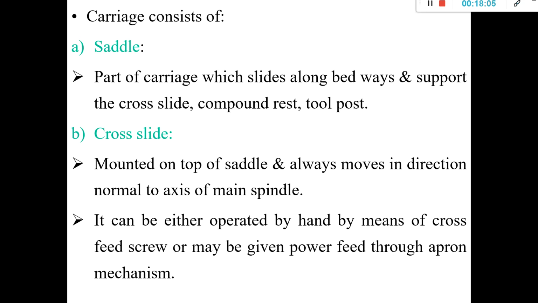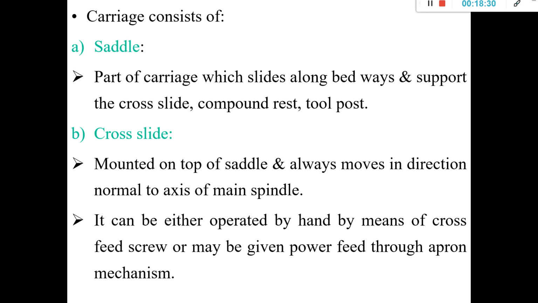Now the saddle. The part of the carriage which slides along the bed and supports the cross slide, compound rest and tool post is known as the saddle. Now the cross slide is mounted on the top of the saddle and always moves in the direction normal to the axis of the main spindle.